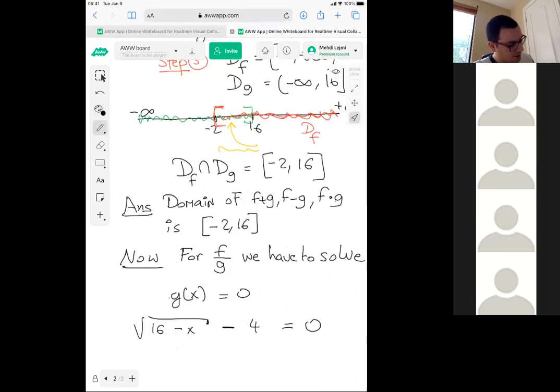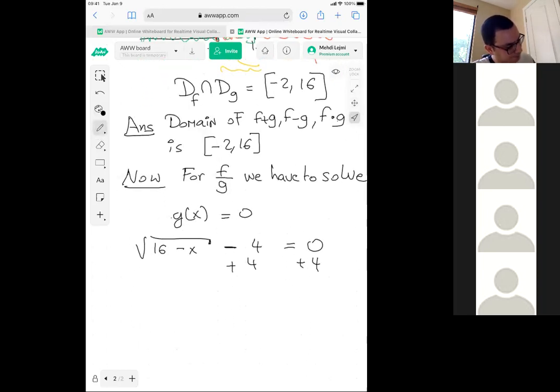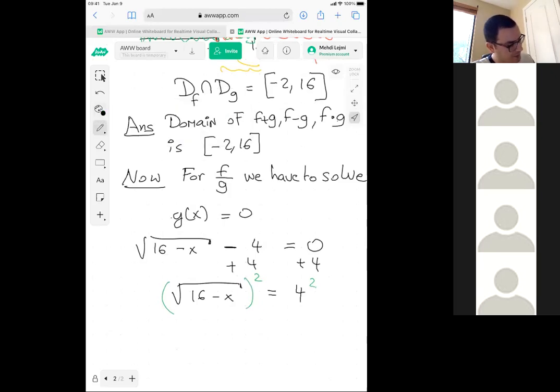So we're going to solve this equation, of course. Can just add +4 to both sides. So that will be square root of 16 minus x equals +4. Get rid of the square root now, so here's my square. That would be 16 minus x on the left side, and on the right side that would be 16. You can subtract 16.